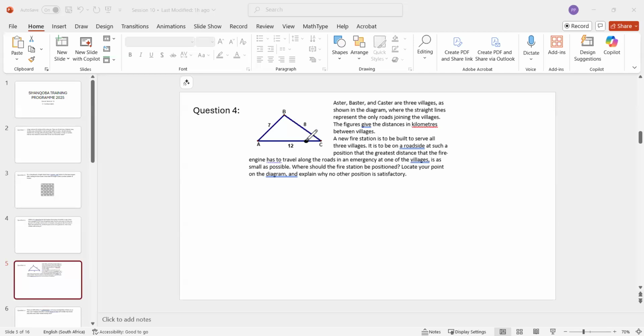So if you put the fire station here, then it's at equal distance, because you've got 2 here and you've got 10 here. So it's 10 this way and 10 that way.